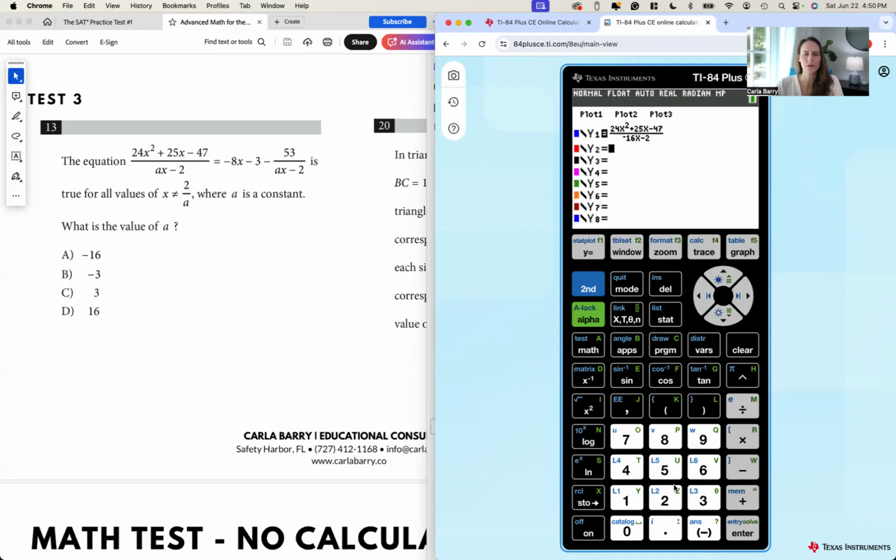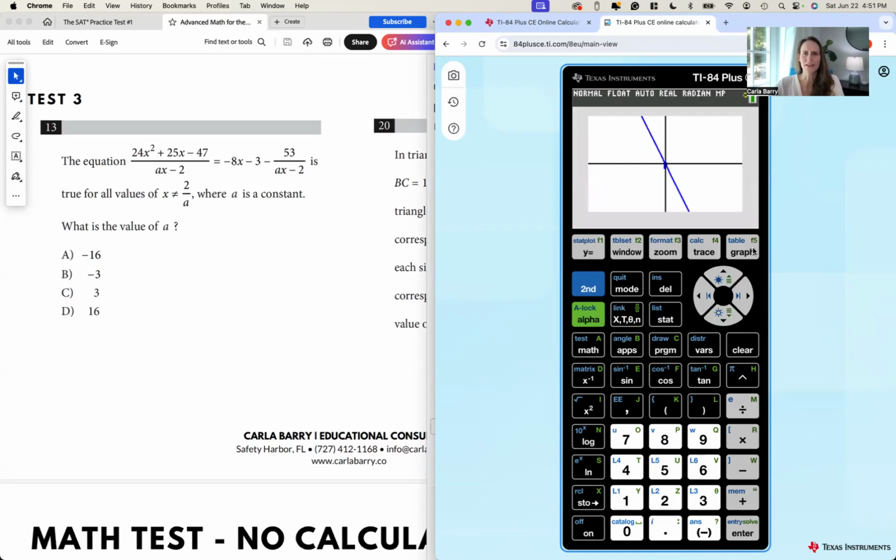So that's the one side of the equation. The other side of the equation is negative 8x minus 3 minus alpha y equals, grab my fraction bars, 53 over negative 16x minus 2.